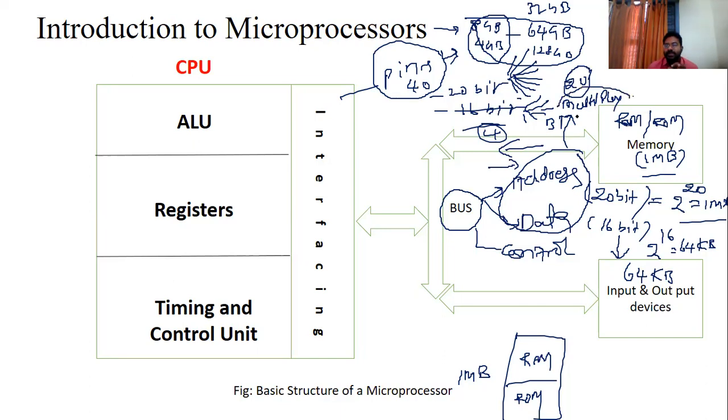Multiplex means the same 20 lines can be utilized for both purposes, which are data as well as address. So this is the importance of the pins.